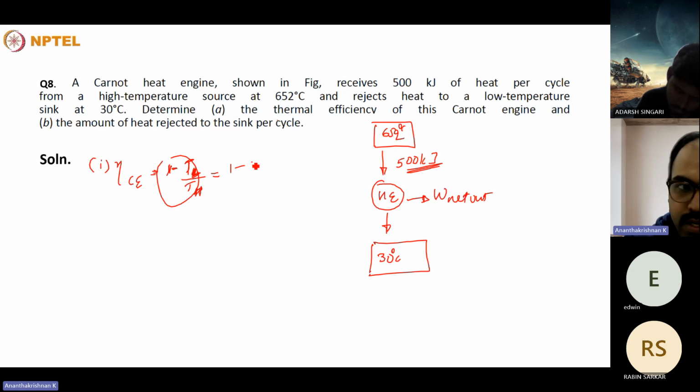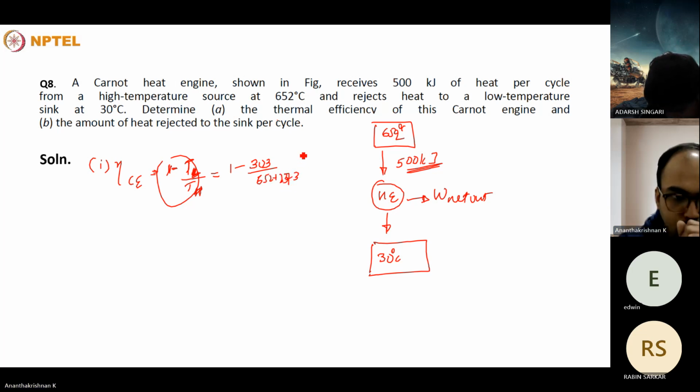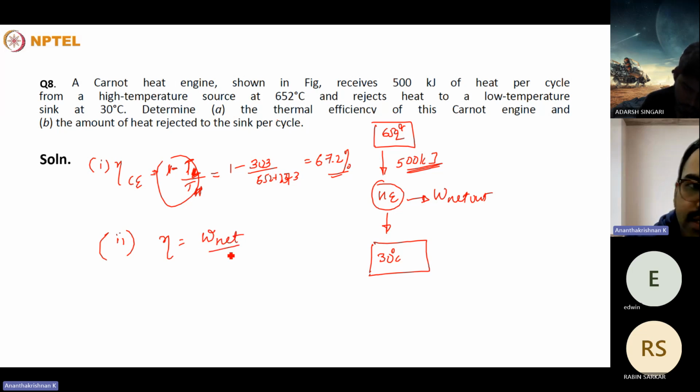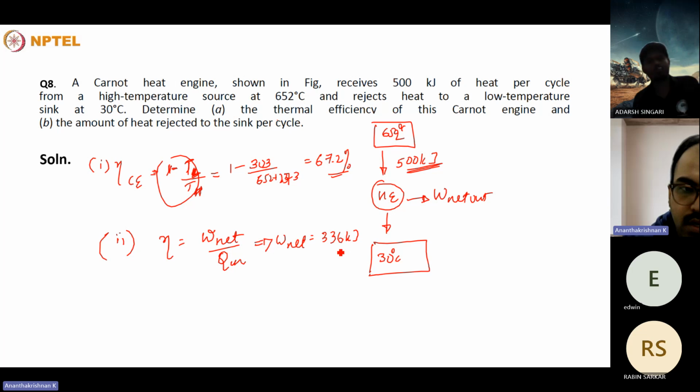So that is 1 minus 303 divided by 652 plus 273, and you'll get 67.2%. And for the second one, efficiency can be written as the work divided by Q in. So the net work is equal to efficiency times Q in. Q in is 500 and you'll get it as 336 kilojoules.